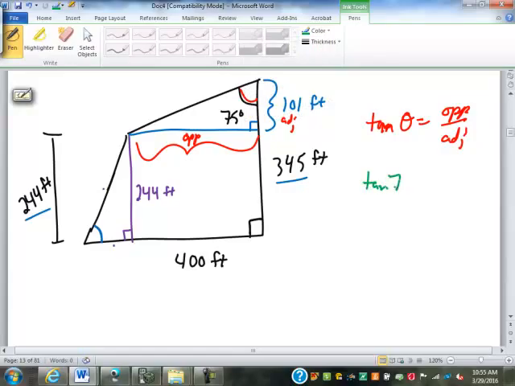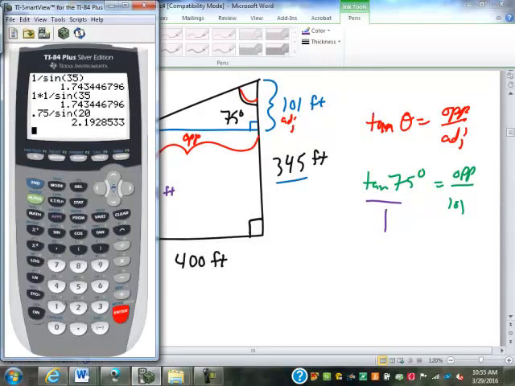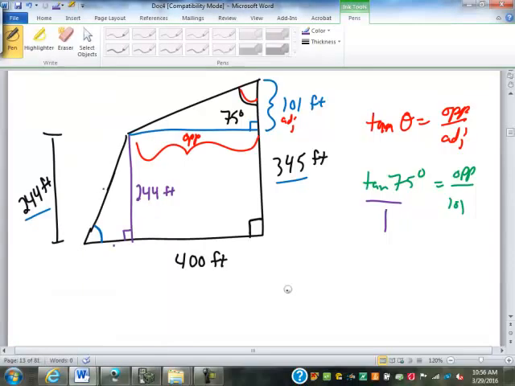So we're going to put in the angle, 75 degrees. The opposite side is what we're looking for. The adjacent side is 101. So this is tangent of 75 times 101 divided by 1, but I don't need to put that in there. So 376.94.